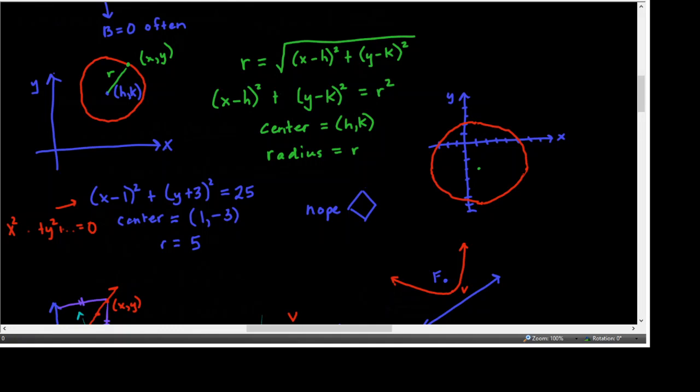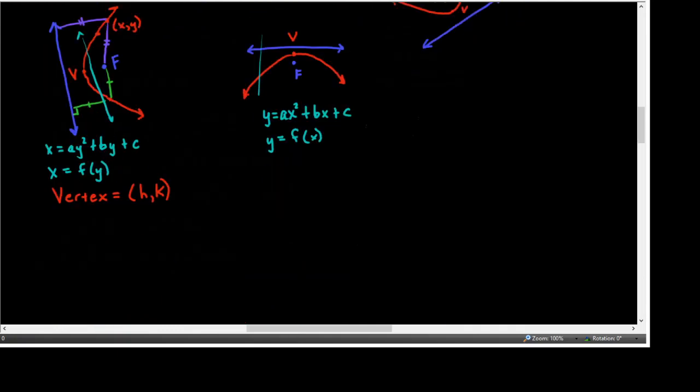So what tells you it's a circle is if the coefficients of x squared and y squared are the same number. In this case, they would both have a coefficient of 1. There is an x squared and a y squared in the equation of a circle, and their coefficients are equal. Whereas for a parabola, there is only one squared variable. The other variable will not be squared.